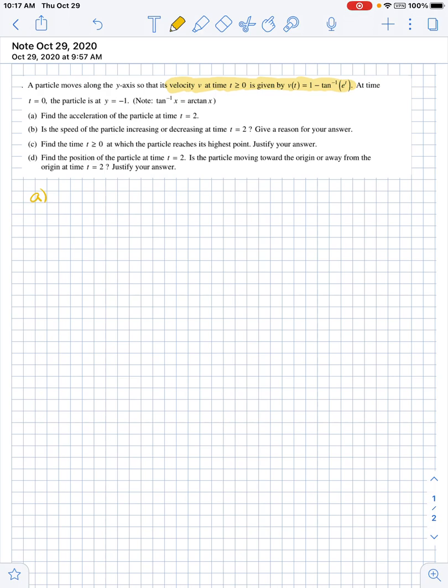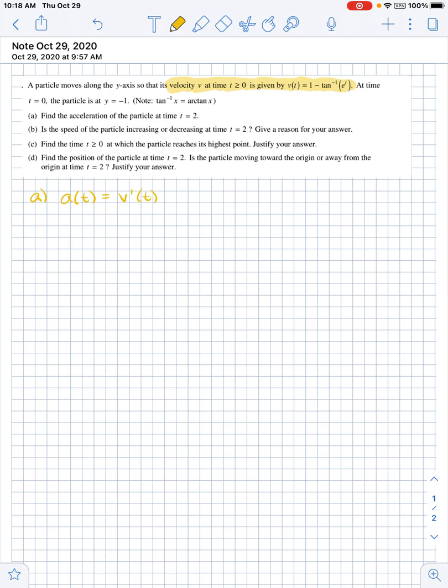So here, if we find the acceleration, you need to say that the acceleration is the derivative of the velocity, so that everybody's clear that you know what you're doing and you're not just doing stuff. Be very clear about your intentions when you're writing things out for these problems.